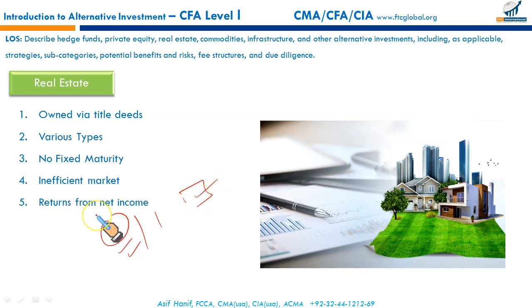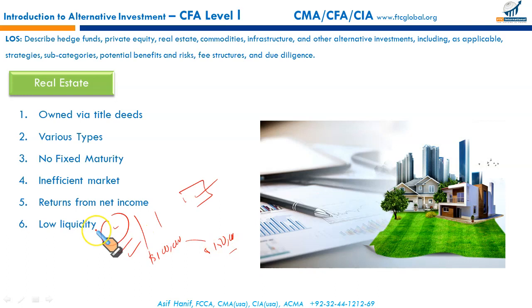Returns come in the form of net income from the property as well as capital gains from any sales. For example, let's say the property was purchased a few years ago at $100,000 and sold at $150,000. This $50,000 is what you call the capital gains. So this is where the returns come from.